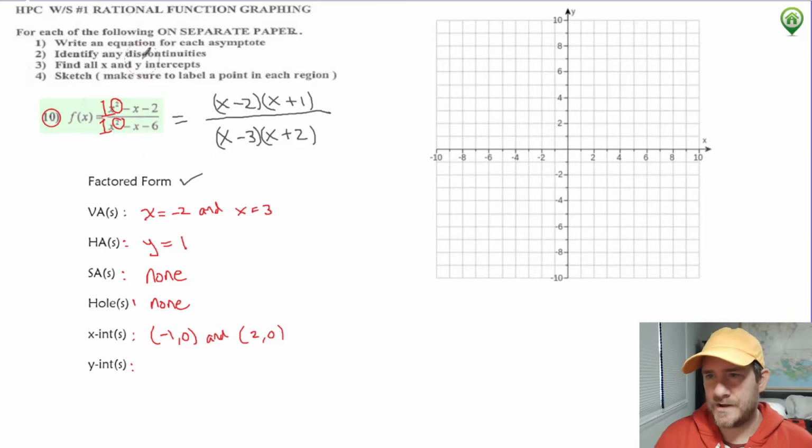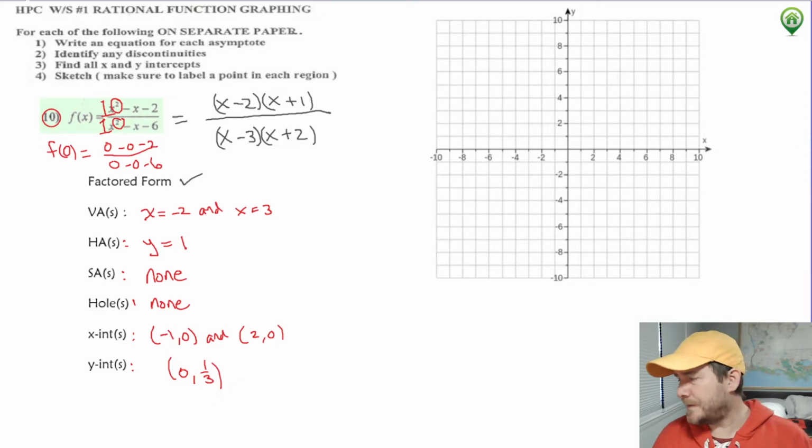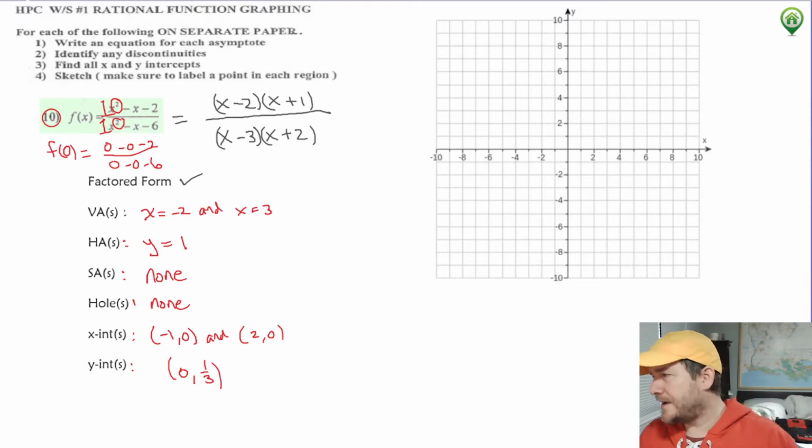And for y-intercepts, we substitute in 0, and f of 0 gives 0 minus 0 minus 2 over 0 minus 0 minus 6, which is +1/3. So 0, 1/3 is our y-intercept.